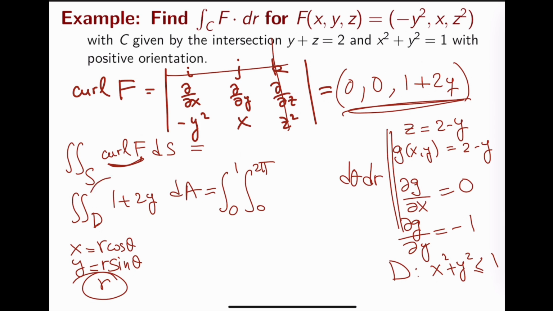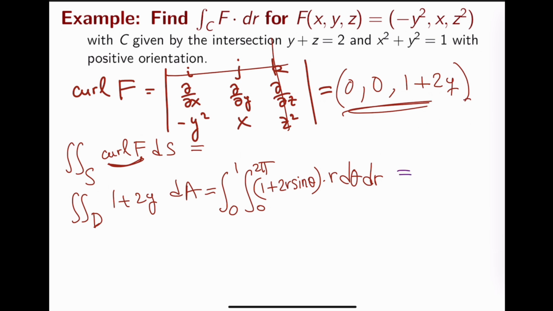And so inside here, I'm going to substitute 1 plus 2y, with y being r sine, and then multiply by r. This is the integral between 0 and 1 of the integral between 0 and 2 pi of r plus 2r squared sine.